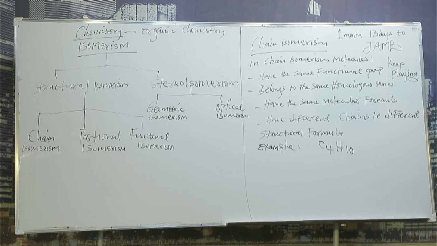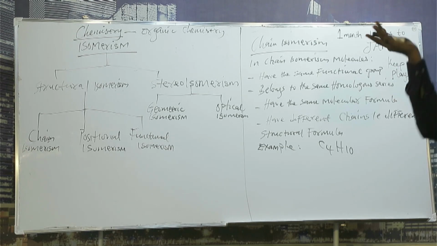Maybe one will be straight chain, the other one will be what? Branched. Maybe one branched, two branched, many branches. But mind you, chain isomers are ones that have one straight chain and another branched chain.